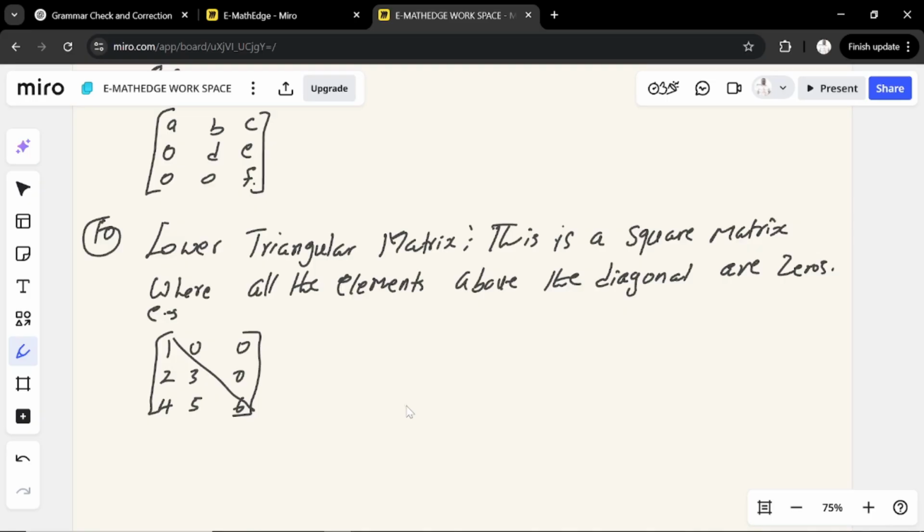But every other element above the diagonal is 0. So that makes this matrix a lower triangular matrix because every other element below the main diagonal is a valid number, whereas every other element above the main diagonal is 0. So we can conclude that matrix A is a lower triangular matrix.